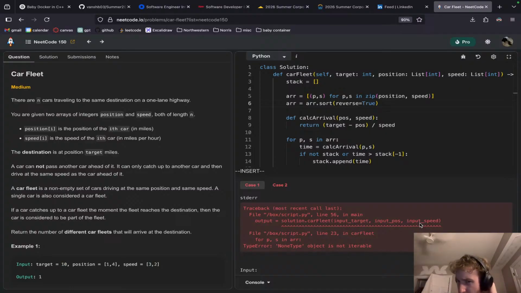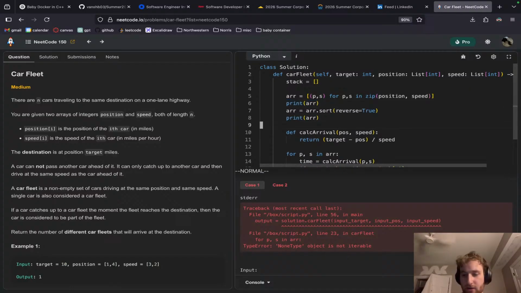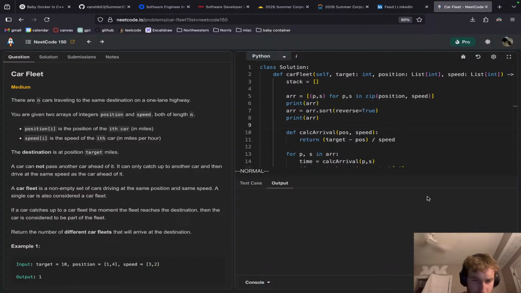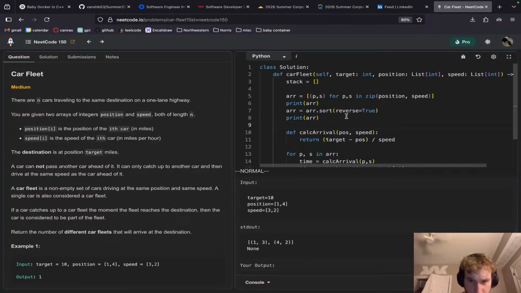What am I doing wrong? There has to be some Python thing that I'm just forgetting.